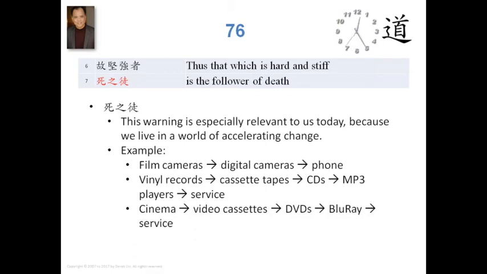Other examples are very similar. If you think about the movies that we watch, we used to go to theaters all the time to watch movies. Later on, we had video cassettes, VHS. We can watch that at home. After that, we had DVDs, which have much better quality than the videotapes. Wow, digital quality, there's no comparison.